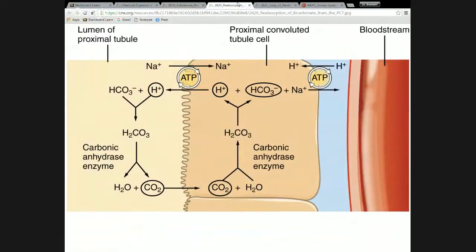This is a picture of a similar cell, but it's just highlighting what's happening to help regulate pH. I'm not quite sure if what they're showing here is technically a sodium hydrogen ion antiporter molecule, or if it's just a shorthand for sodium potassium pump and co-transport of hydrogen somewhere else.